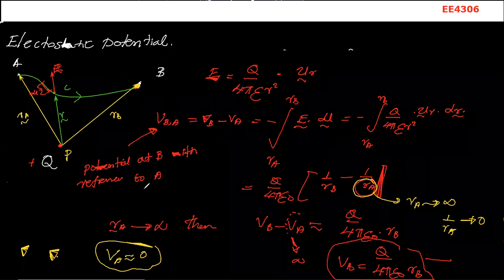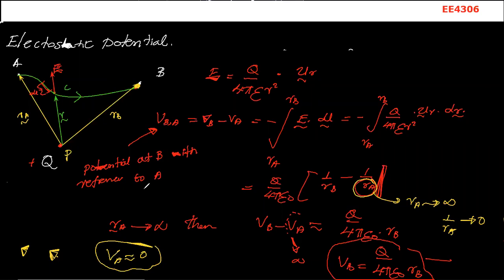Here the referred point is A, and you are expressing the potential for point B due to this point charge of Q. Due to this point charge of Q, it produces some electric field in this space. Therefore, the potential at point B is represented by this equation.